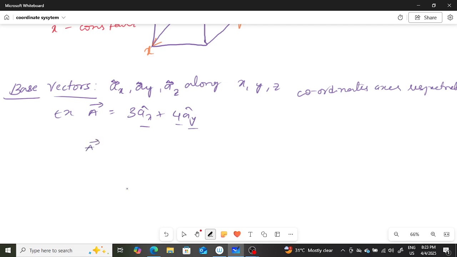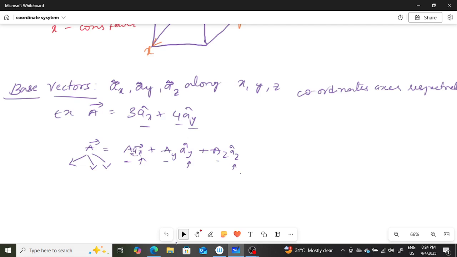So any vector can be given as Ax ax plus Ay ay plus Az az. Here the capital Ax, Ay, Az are scalar quantities, the magnitudes. These are nothing but the three components of vector A along the directions ax, ay, az, which is represented like this.